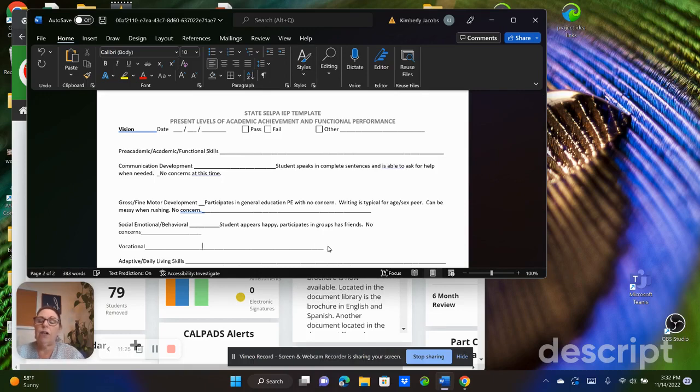Vocational. Quite often I'll talk to teachers that are new to special education and they think, oh, they're not doing a job, so I don't need to fill in vocational. I'll put NA. Actually, everything does apply. So you don't want to leave any of these blank.